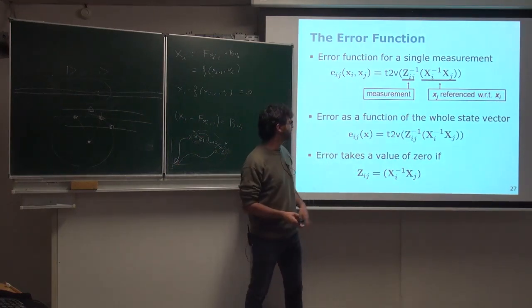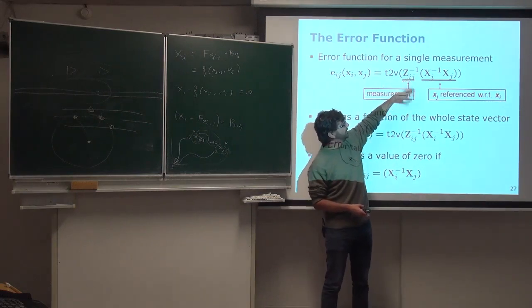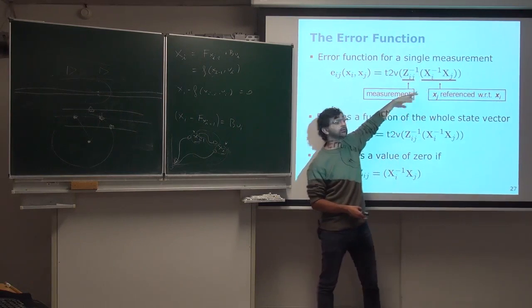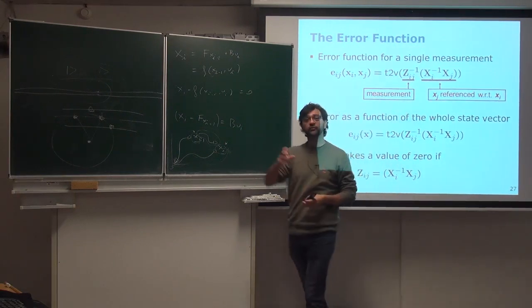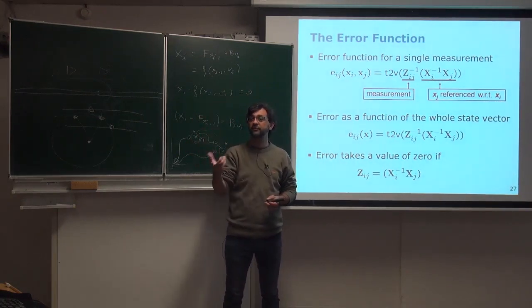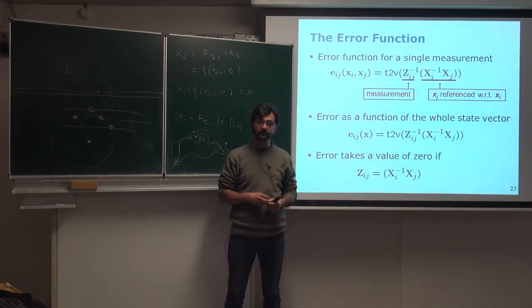Basically, if they are exactly the same, this will end up as an identity matrix, and whenever we put the identity matrix into this function, transformation to vector, this will end up with 0 translation and 0 rotation. So at the end it is a 0 measurement, 0 error. Okay, is it clear?